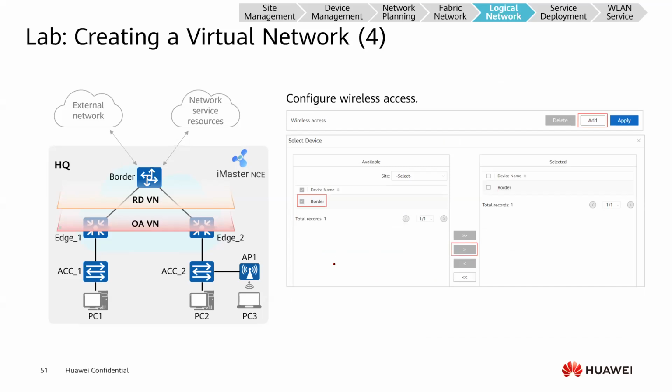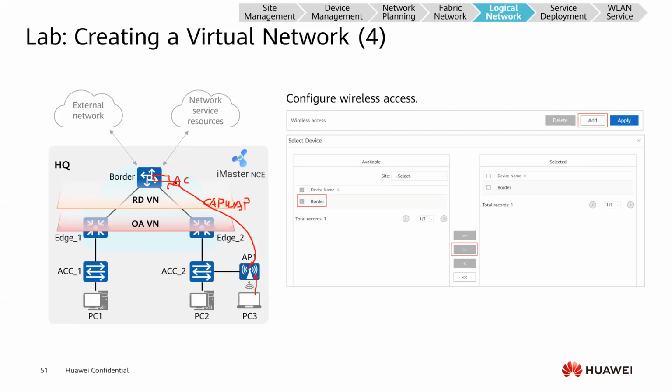And for the wireless users, we choose the border as AC. And as usual, we suggest you use the tunnel mode for the traffic forwarding. So for the wireless users, traffic is just sent to the AP, and the AP will send the traffic directly to the AC based on the CAPWAP tunnel.